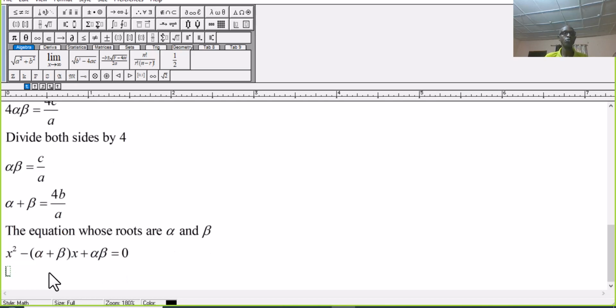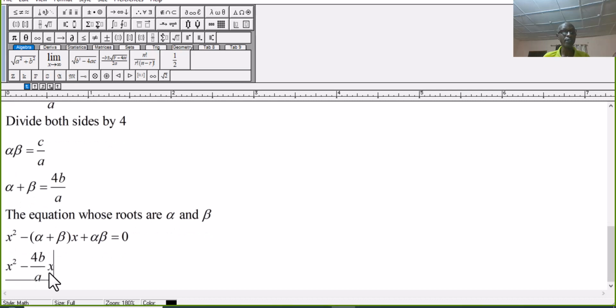So we just substitute in the values that we have gotten. So let's put in the values. We have x squared minus 4b over a x plus c over a equals to 0.